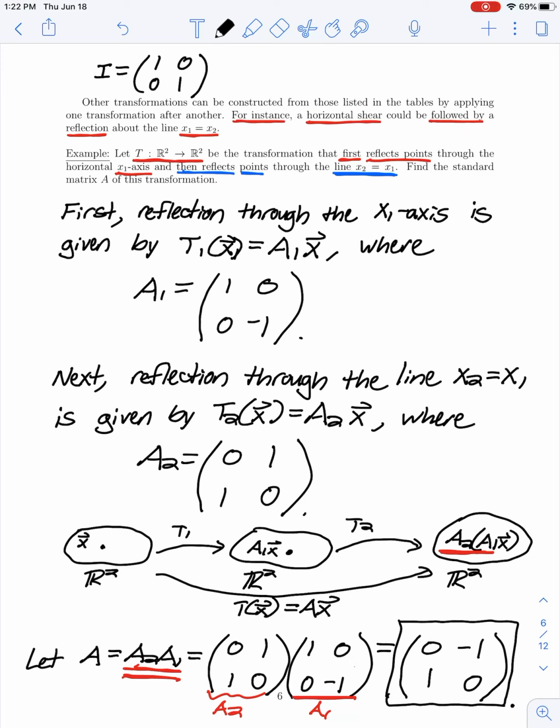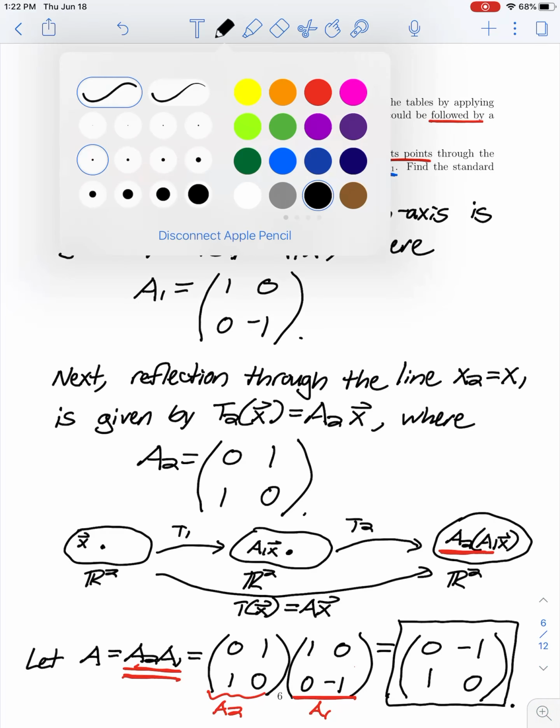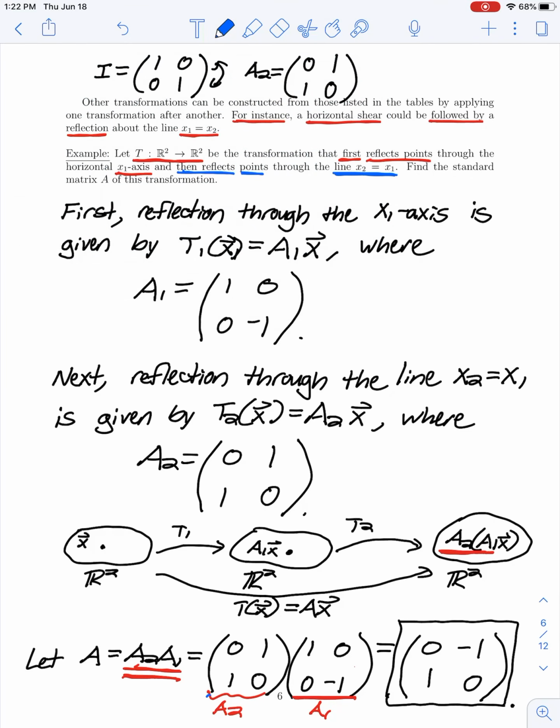And we can see that A2, which was the matrix 0, 1, 1, 0, is obtained by interchanging those first two rows, so swapping row 1 and row 2. So in order to apply the matrix A2 to the matrix A1, we're going to take the rows of A1 and interchange them.